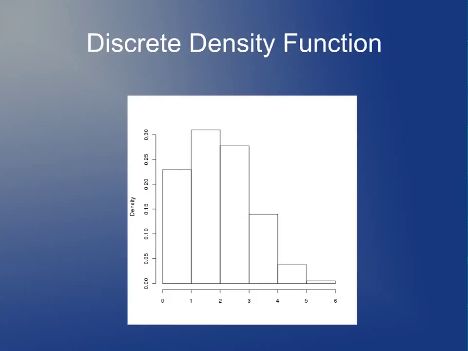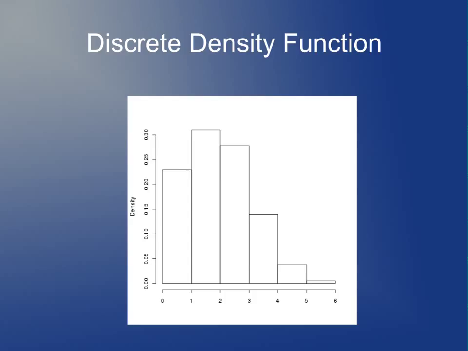A density function gives you some idea of which values in a distribution are most likely. It basically shows the proportion of values of that particular random variable that fall within a specific range. For example, on this slide you see a discrete density function.